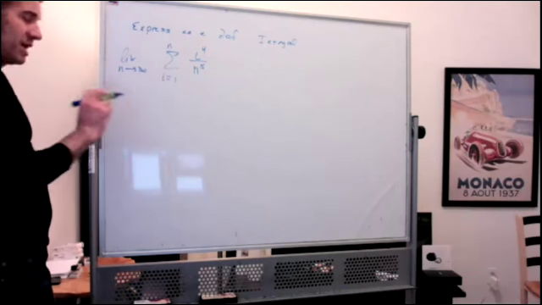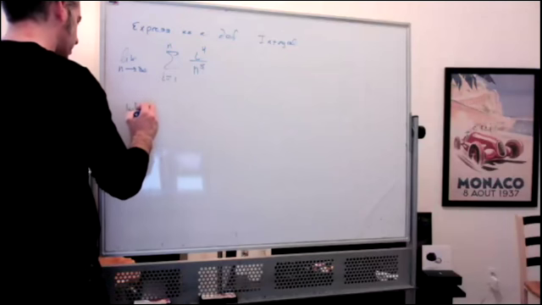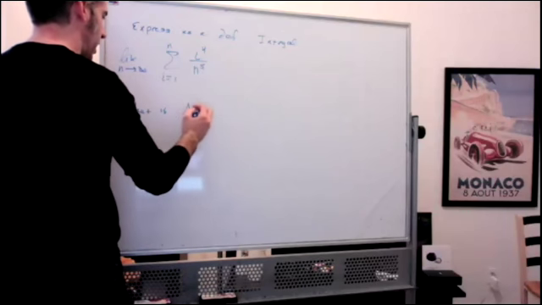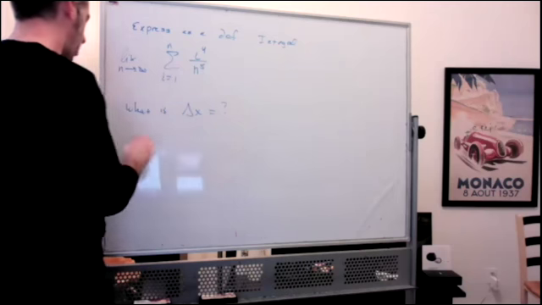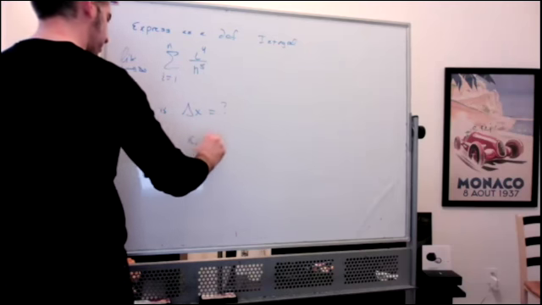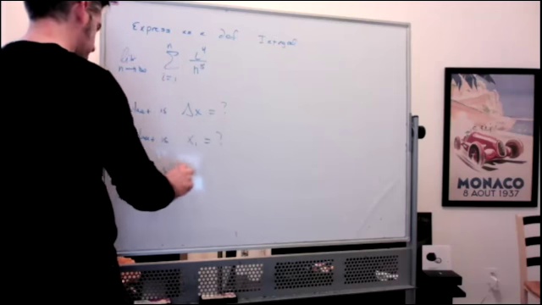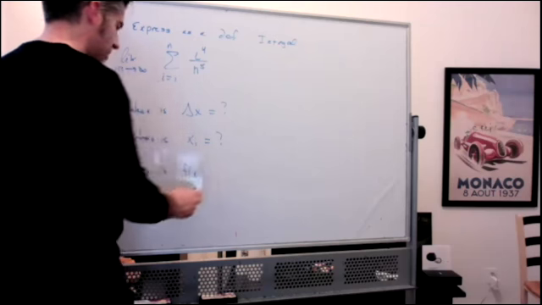So here, unlike before, we have to figure out what delta x is, what x of i is, and then what the function is. This is where things are a little bit challenging.